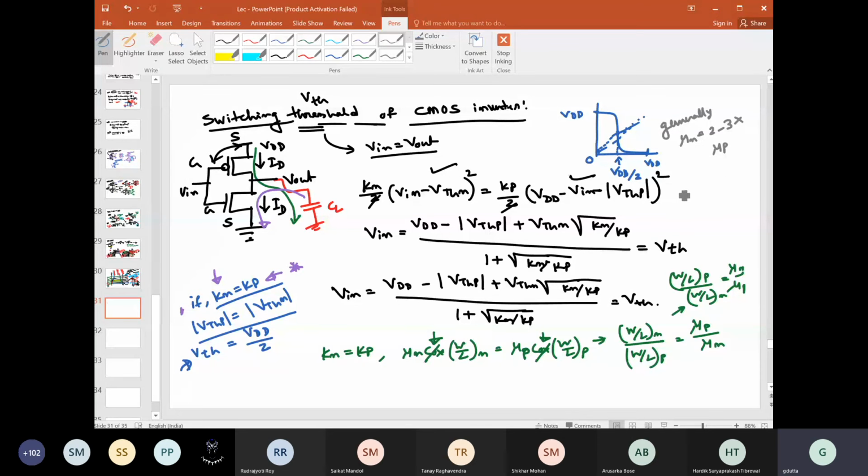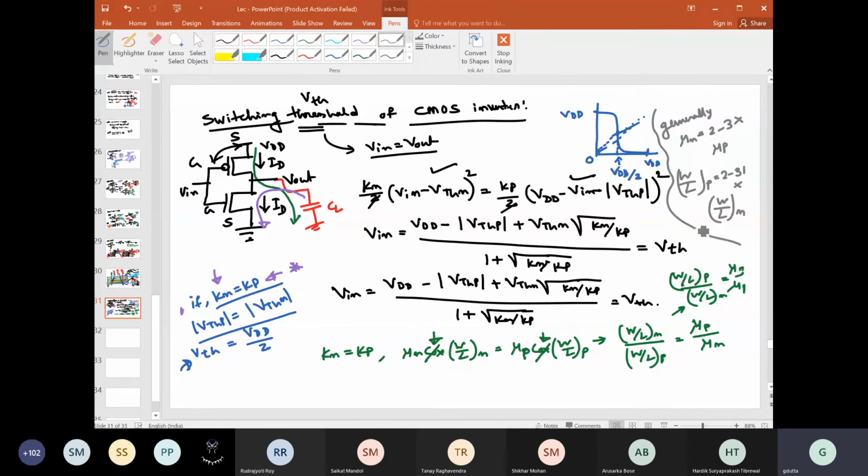So to maintain this criteria, that is, to have a symmetrical VTC as well as symmetrical charging and discharging characteristics, W by L for this PMOS would be equal to 2 to 3 times the W by L of this NMOS. So when you are making this PMOS, its width has to be more.